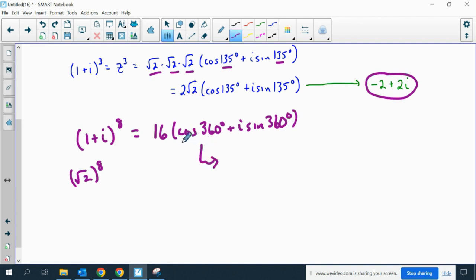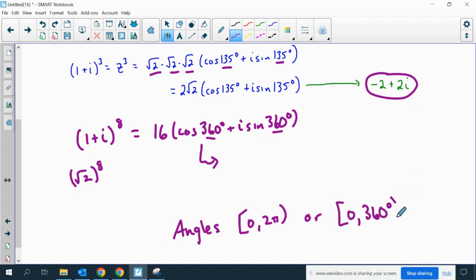Now, I can't write this as 360. I would have to write it as 0 because I want my angles to be between 0 and 2π if I'm doing it in radians, or 0 and 360 if I'm doing it in degrees. So I would have to write 16 times (cos 0 + i sin 0).